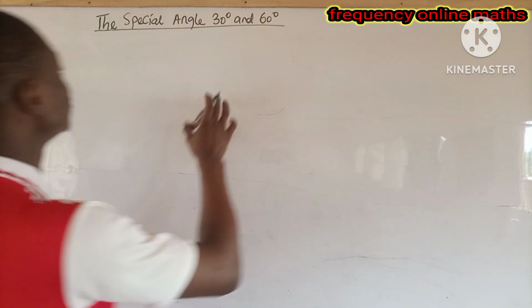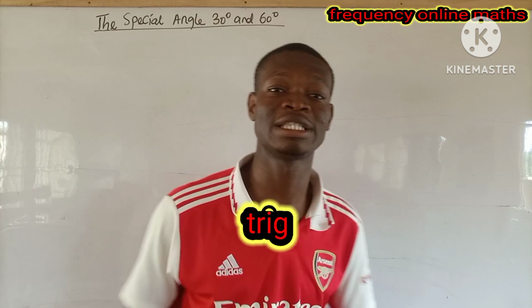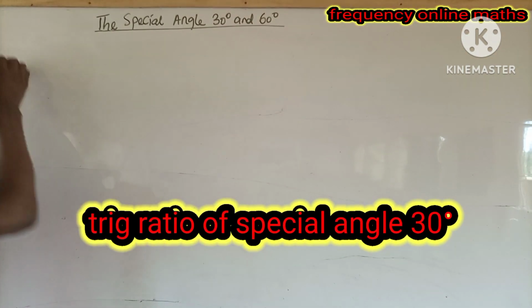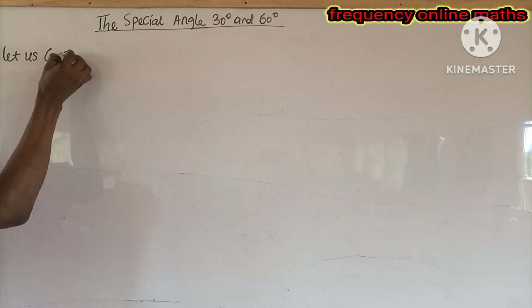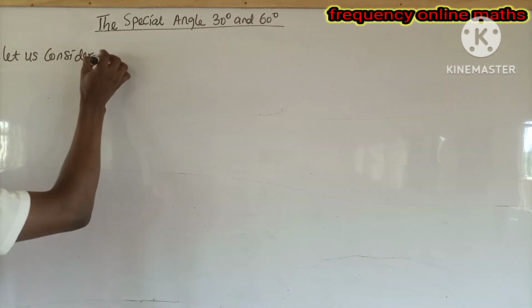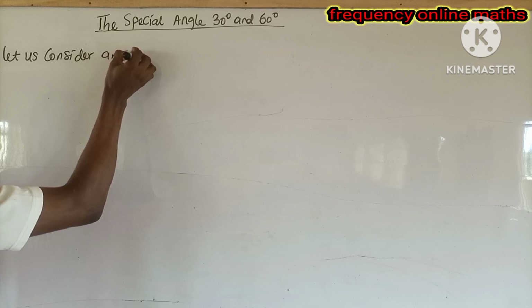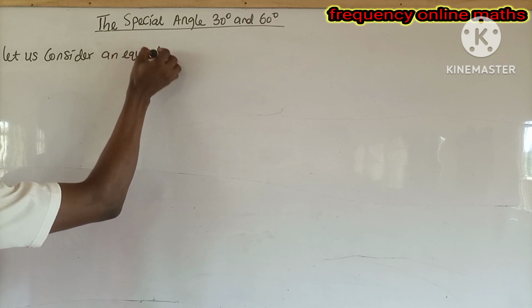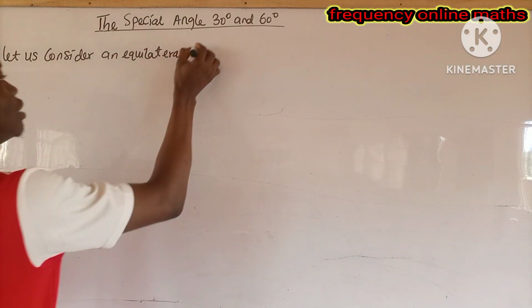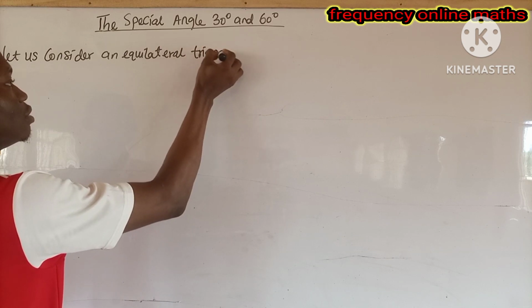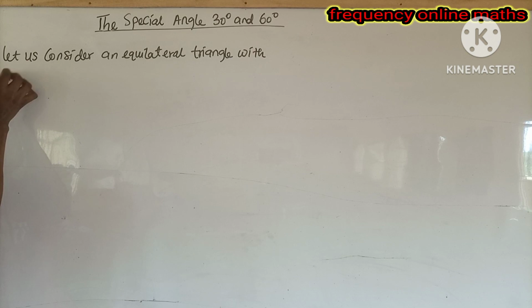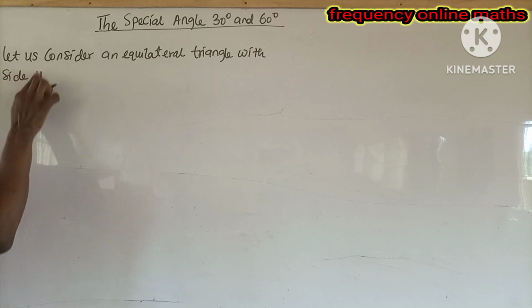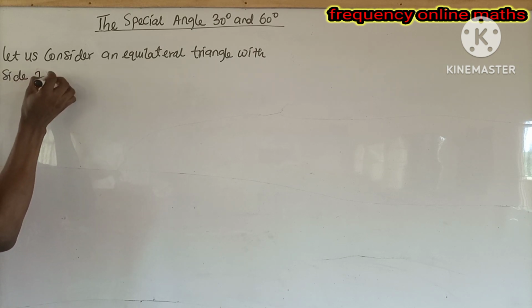So in order to find the special angles of 30 degrees and 60 degrees, let us consider an equilateral triangle with sides 2 units.